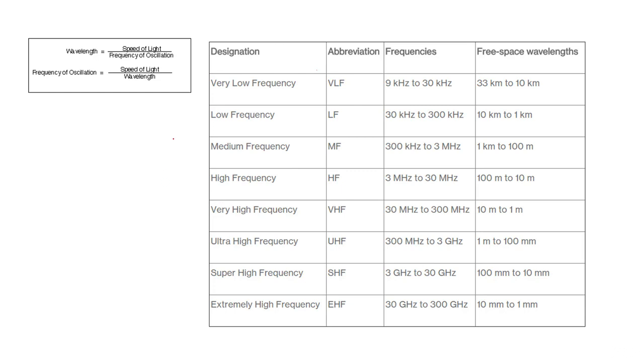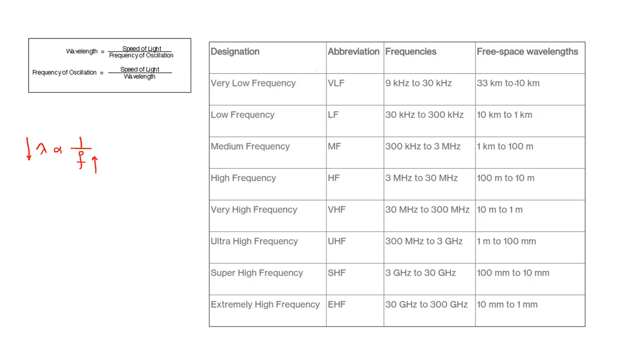And what about the wavelengths? We have to explain the wavelengths here because we are going to use it. The wavelength is equal to the speed of light over the frequency of oscillation. The wavelength, which we show with lambda, is proportional to the inverse of frequency. It means that if we increase our frequency, we are reducing the wavelength.